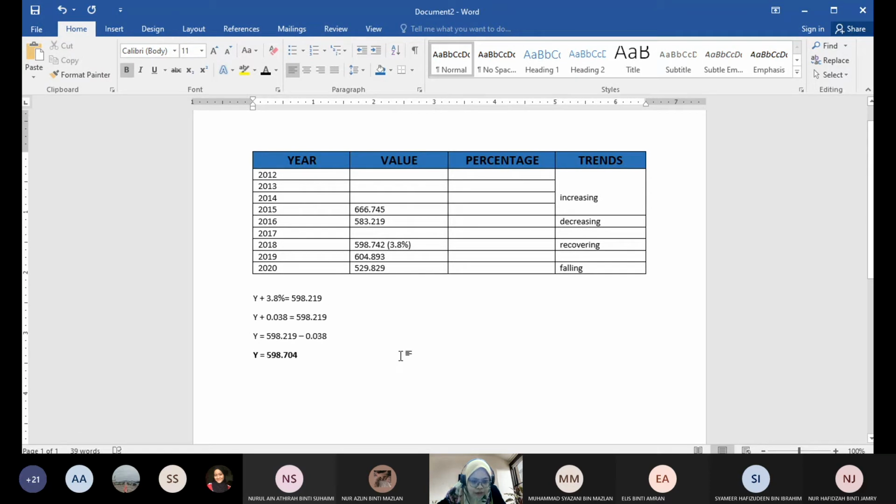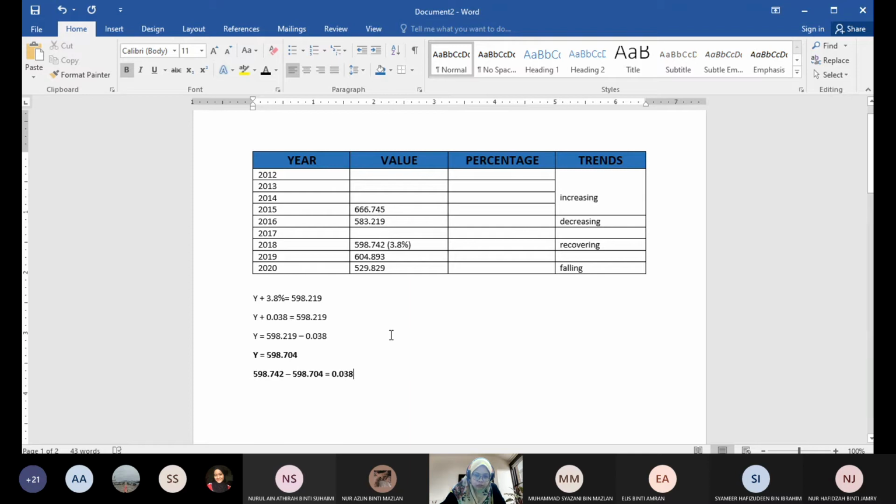Kita cuba tolakkan nilai daripada beza 2018 dengan 2017. 598.742 tolak 598.704 bersamaan berapa? 0.038.